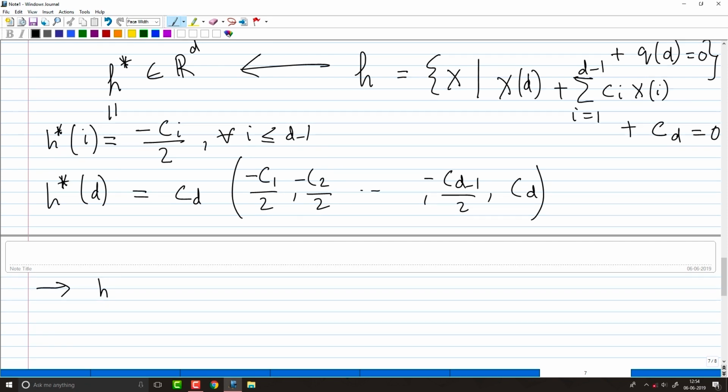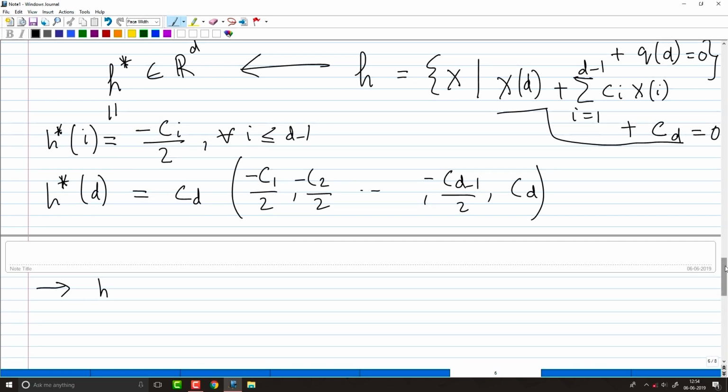So, whenever I say H is a non-vertical hyperplane, and when I define H plus and H minus, write it like this and then define H plus and H minus.